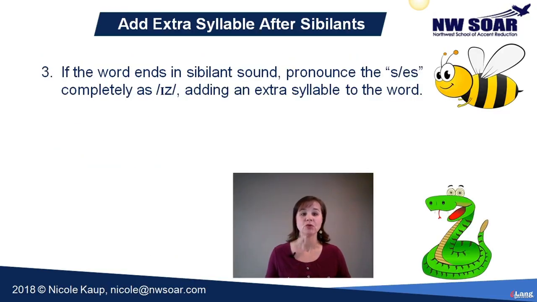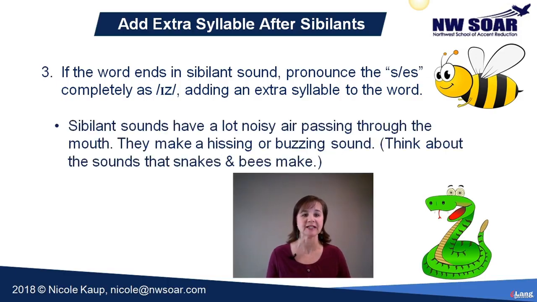All right, we've come to our third and last rule for the pronunciation of S and ES endings. If the word ends in a sibilant sound, pronounce the S or ES completely as is, adding that extra syllable to the word. Now you're probably wondering what a sibilant is.